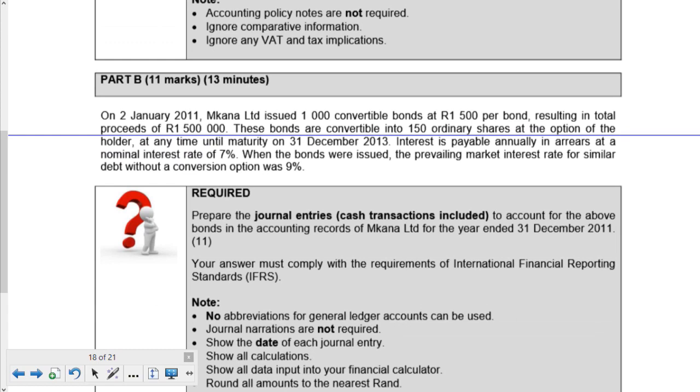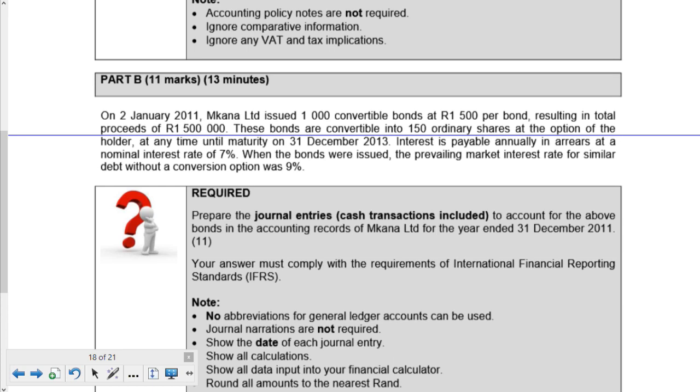On the 2nd of January 11, Mkhana issued 1,000 convertible bonds of 1,500 Rand per bond, resulting in proceeds of 1.5 million. These bonds are convertible into 150 shares at the option of the holder anytime until maturity. So you can make a note of that. It's short. And interest is payable in arrears at 7%. When the bonds were issued, the prevailing rate was 9%.